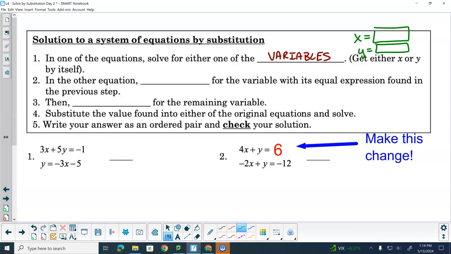In the other equation, what are we going to do with that something that we just solved for? We're going to substitute, plug in, replace that we just found in that previous step.